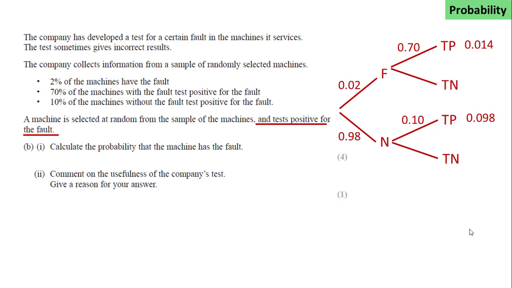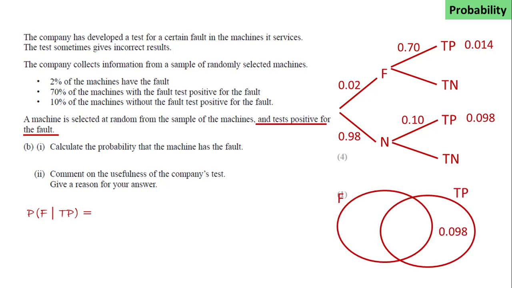and we can see that the probability of being faulty and testing positive is 0.014. The probability of not being faulty and testing positive is 0.098. So we're looking to calculate the probability that a machine is faulty given that it tests positive.